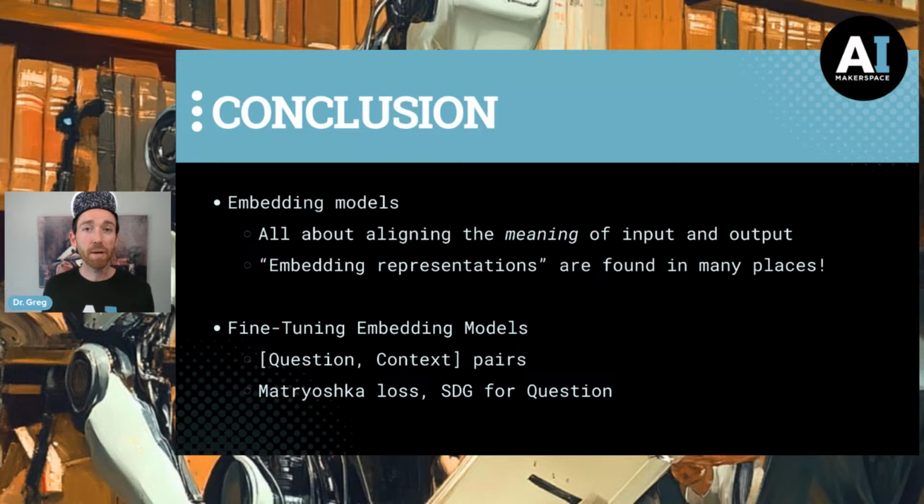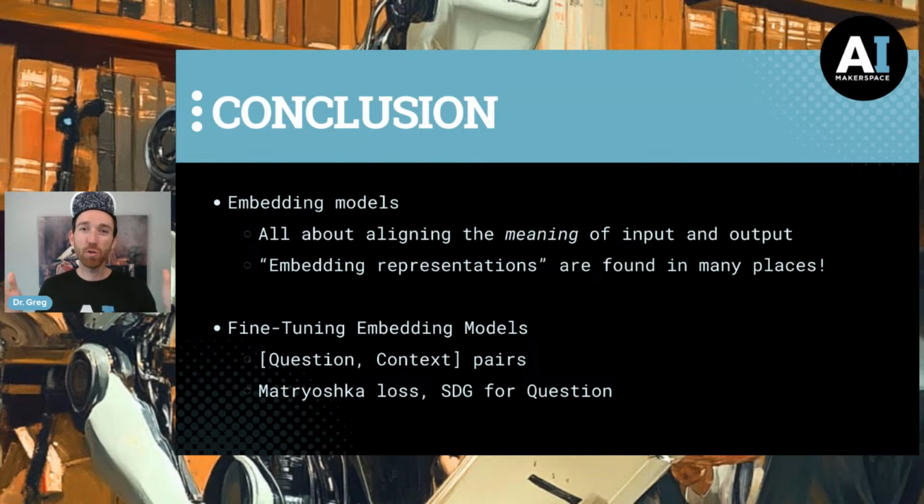At the end of the day, the embedding model, the one that we're going to use in RAG applications, is about being able to align the meaning of input and output, whether it's one sentence, then the next sentence, or it's a question and relevant context, or it's one word and then a similar word, or if it's one sentence about the boy on the beach and one sentence about a person on the beach.